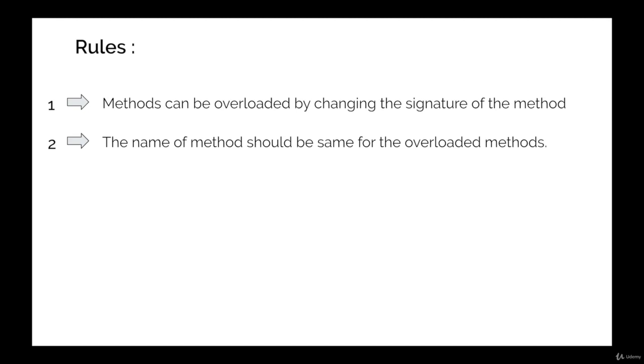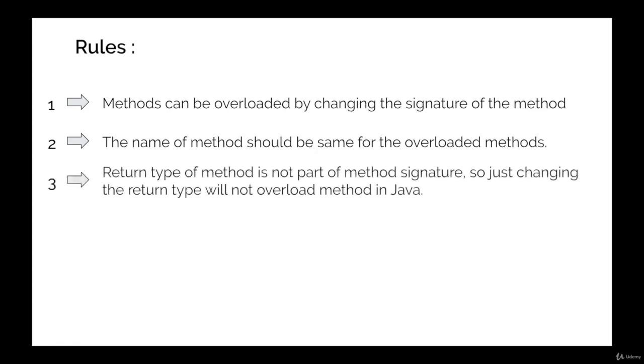The second rule says the name of the method should be the same for all the overloaded methods. The third rule says the return type of a method is not part of the method signature. So just changing the return type will not overload the method in Java.